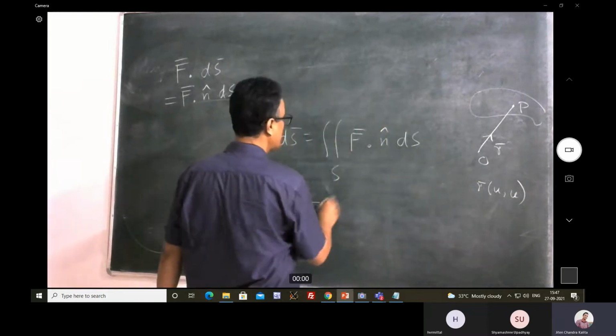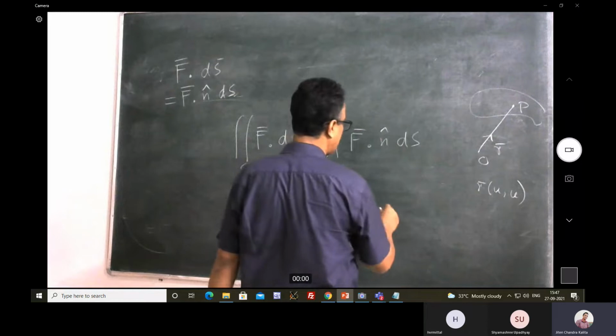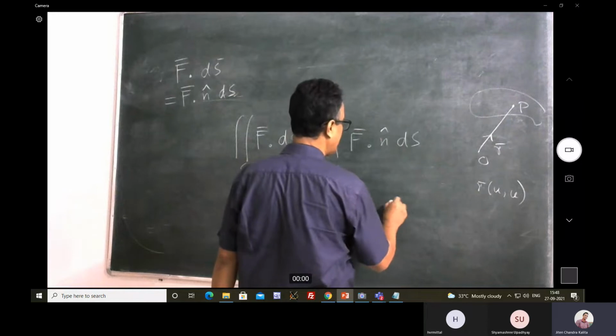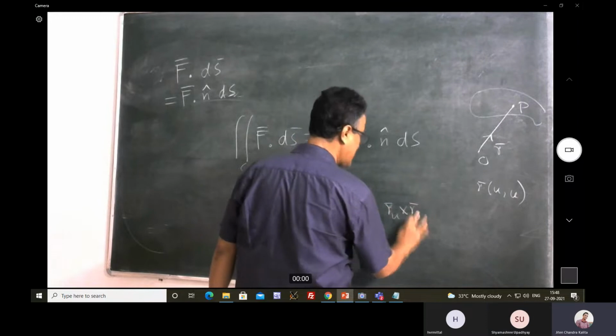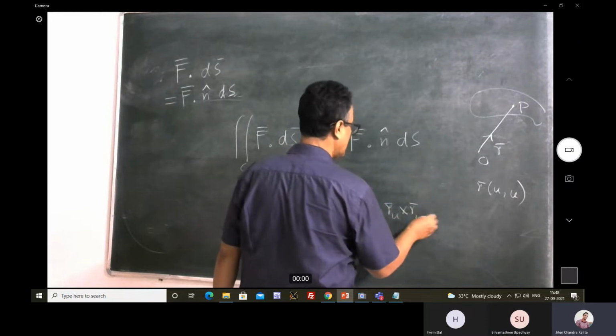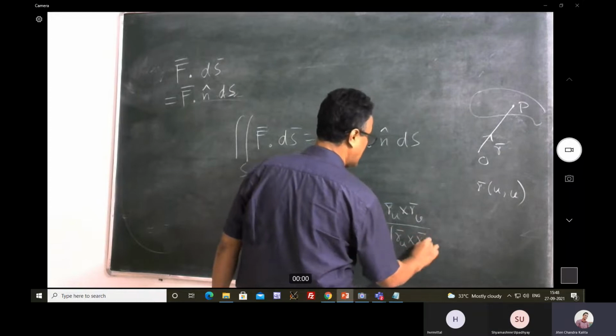So then you know that n cap is given by r_u cross r_v divided by its modulus.